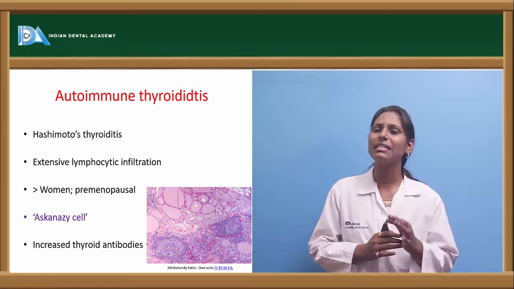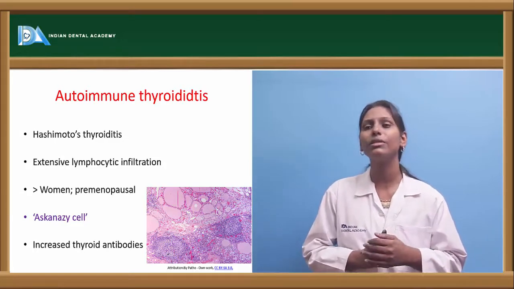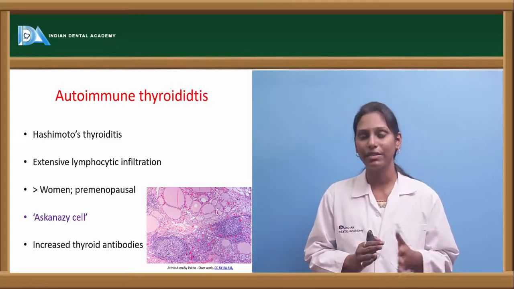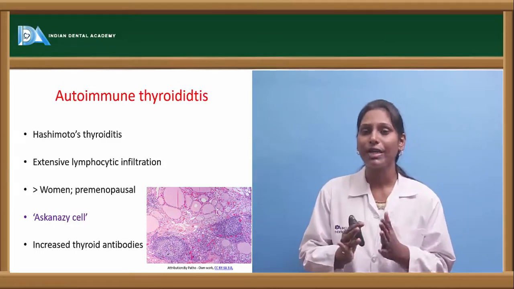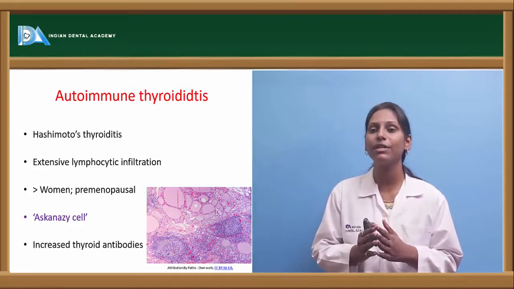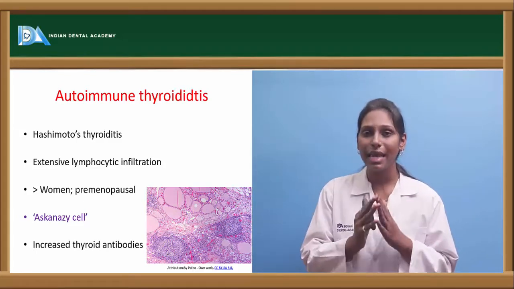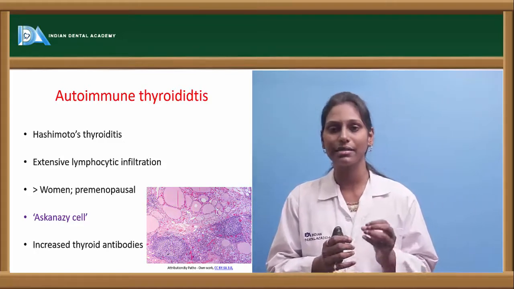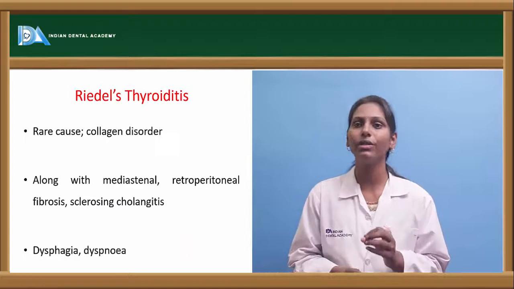The characteristic feature is increased thyroid antibodies circulating within the body. When we go for histopathological examination, we have something called Askanazy cells. These Askanazy cells are nothing but oxyphilic cells, which is again a characteristic feature of autoimmune thyroiditis.